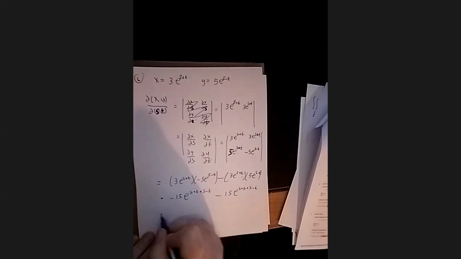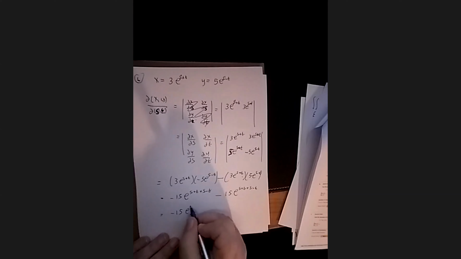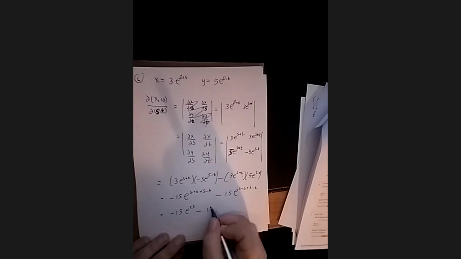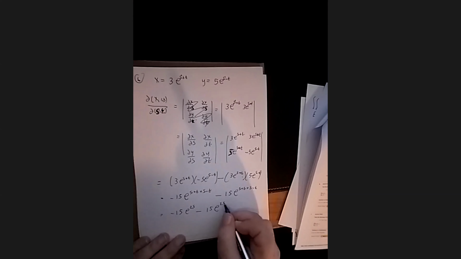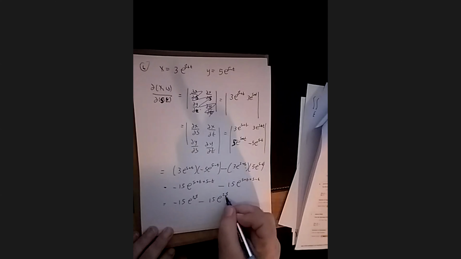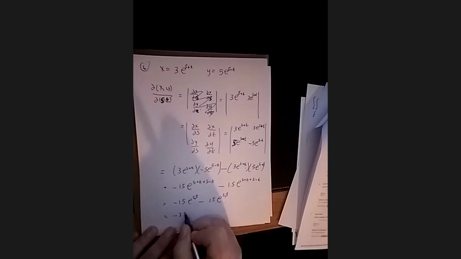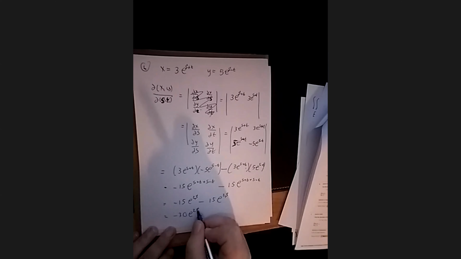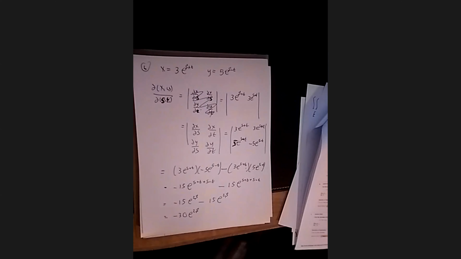But in this case, the t's cancel out and you're left with 2s. And you're left with another 2s. Which means you're left with that guy. And to keep the homework computer happy, negative 30e to the 2s.